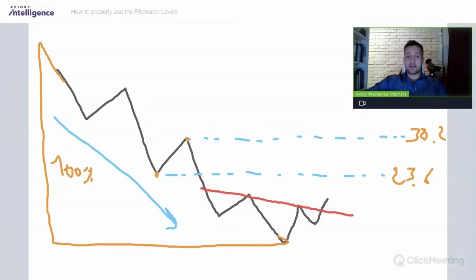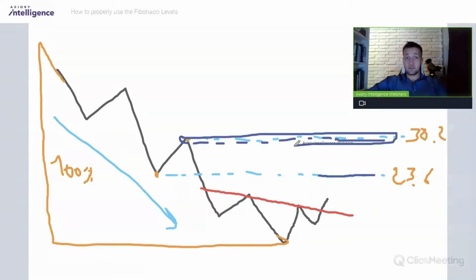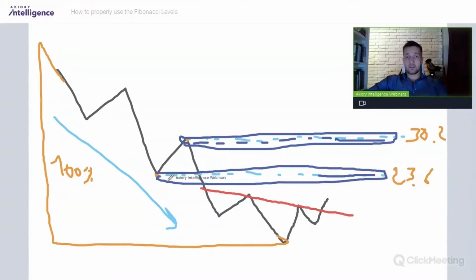But sometimes it happens that Fibonacci's are in the same line as previous lows and highs. And this is amazing: when you have Fibo here and Fibo here, and then you check the history, and it goes in line with a previous important support or resistance, you're like, oh, that can work, because there is not only Fibonacci, but there is a historical support or resistance, and that can actually work.